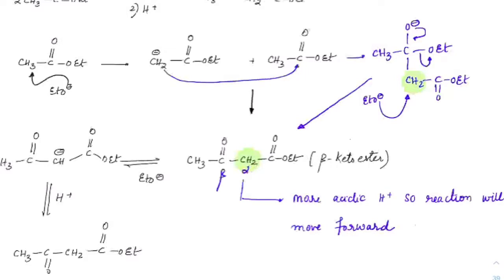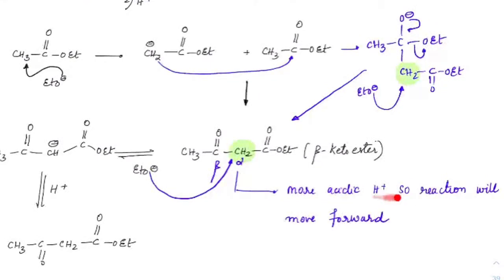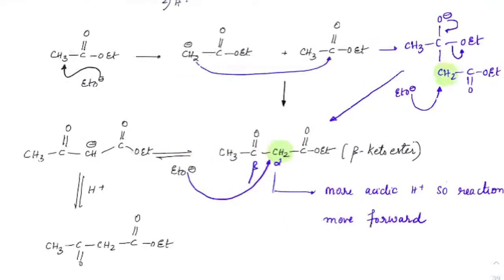So EtO minus can extract the proton at a much faster rate. All right. So which means more acidic H plus, so the reaction will move more in the forward direction. So once it gets to this anion formation, then we'll do the acidic hydrolysis to get the final product. Okay. So that's how we will end up getting the final product.